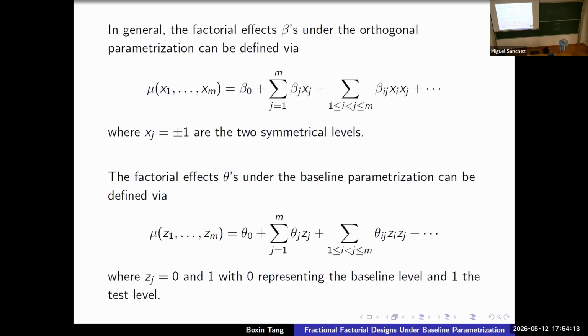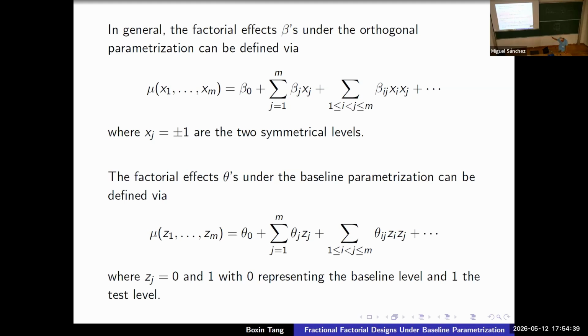Okay, in general, you can define the factorial effects under orthogonal parameterization by using this expansion. So the mu's, here x's are the factors. They have two levels, +1 and -1. And those coefficients beta are the factorial effects under orthogonal parameterization.